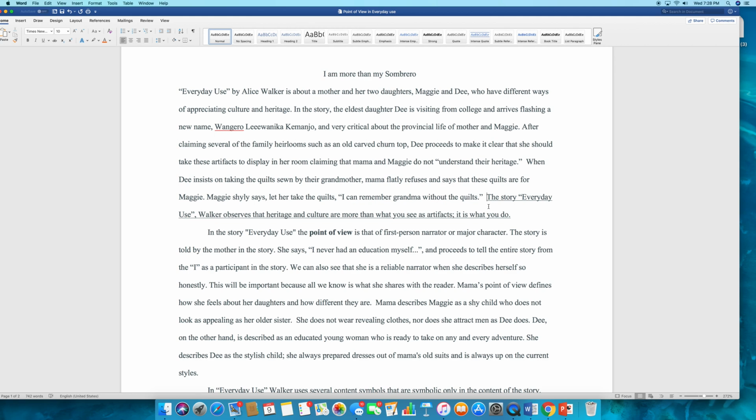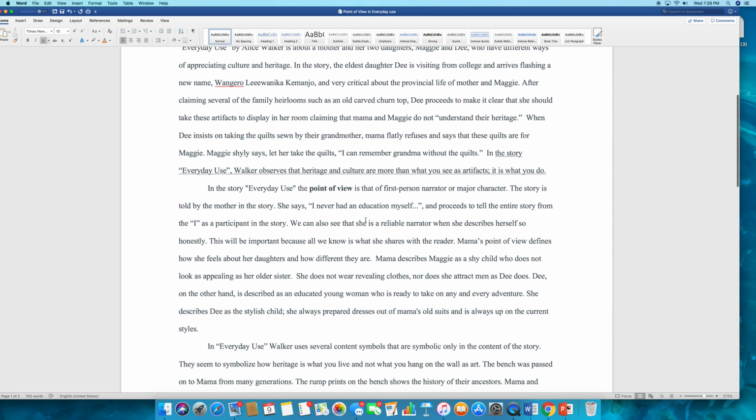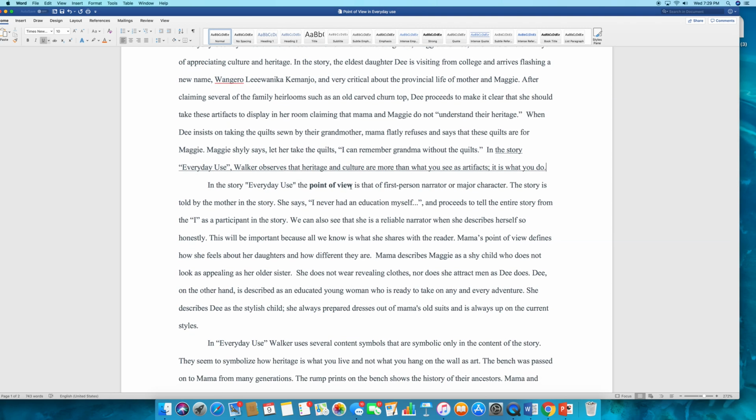So why don't we try: in the story Everyday Use, Walker, now the verb fits, observes that heritage and culture are more than what you see as artifacts. It is what you do. I think this is a pretty good introductory paragraph with some edits. I would accept it. Now let's go into the discussion of point of view.